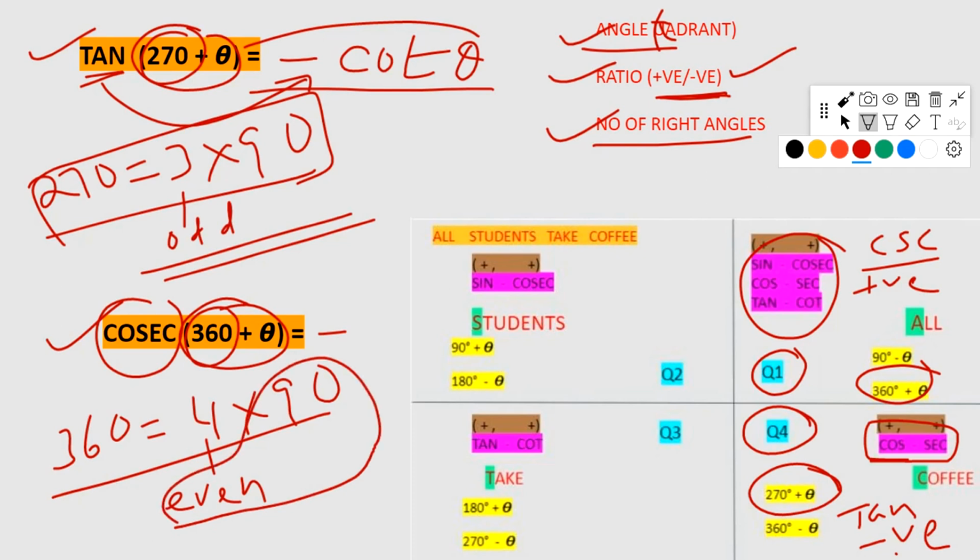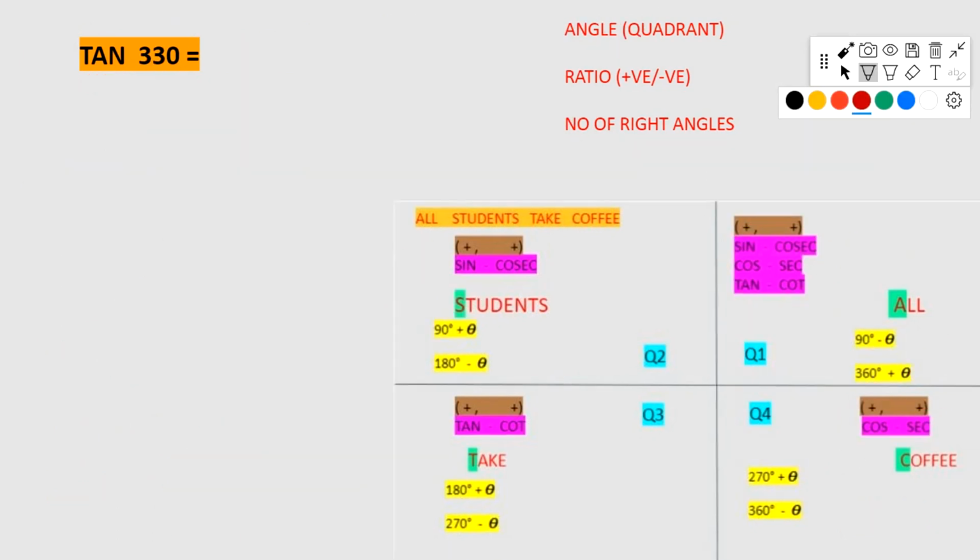Whenever the angle has an even number of right angles, the ratio doesn't change. Not changed. So cosecant can be written as the same cosecant. Here theta comes to theta. So our answer is cosecant theta. Understand?